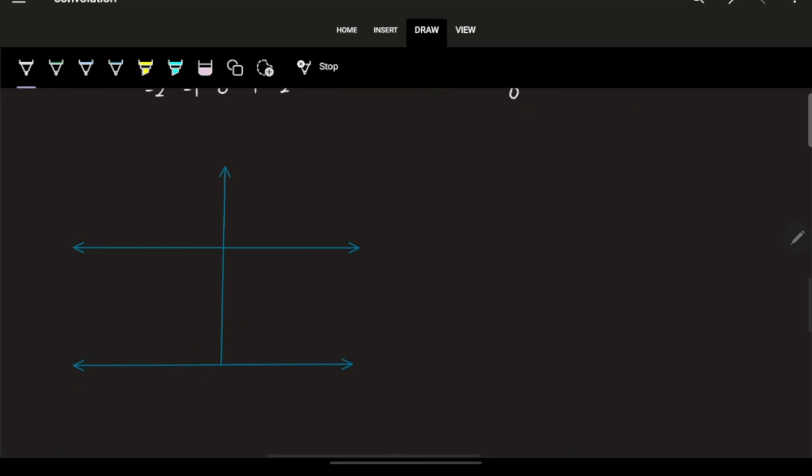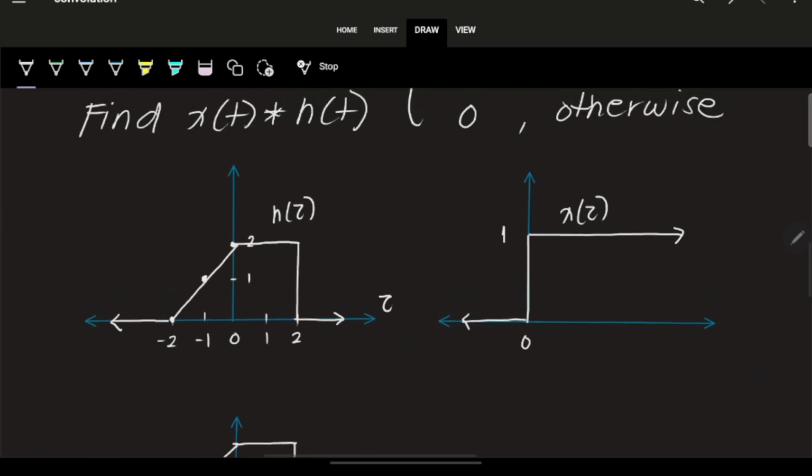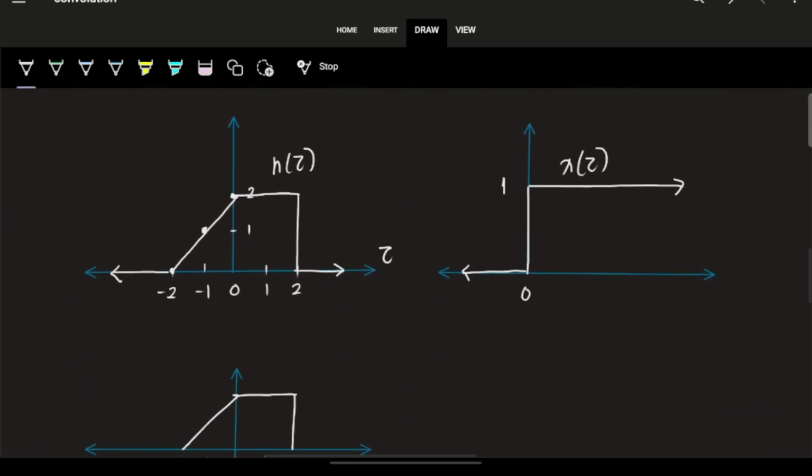So we have -2, -1, 0, 1, then 2. Let's say this is 2. So this is our x of t. By the way, the one that we're going to use as our t minus tau is the unit step function kasi siya yung pinakamadali. If flip mo lang, susok-usok mo lang.